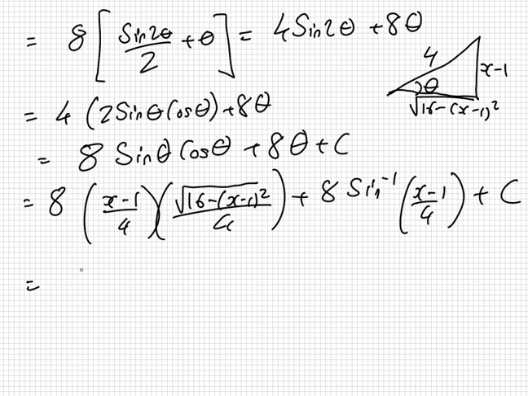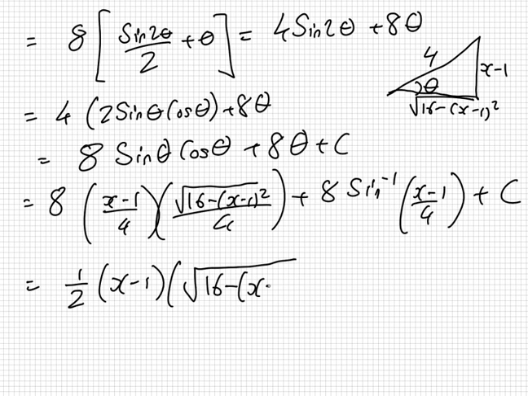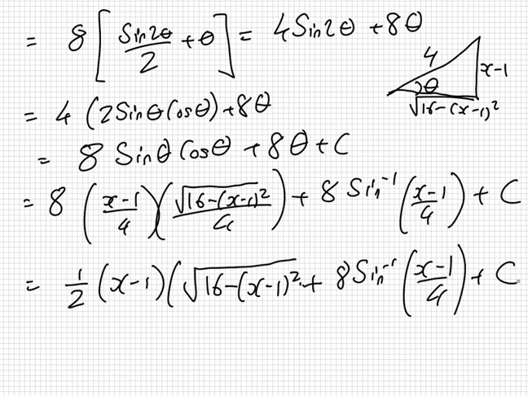So this will be a half (x minus 1) square root of 16 minus (x minus 1) squared plus 8 sine inverse of (x minus 1) over 4 plus c.